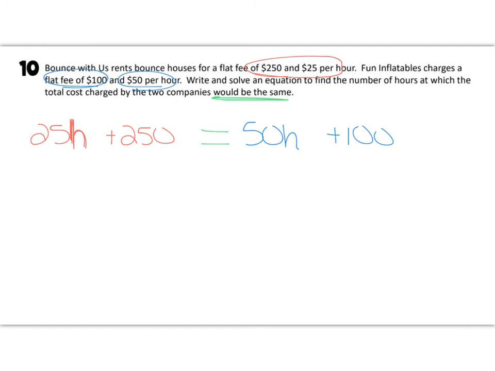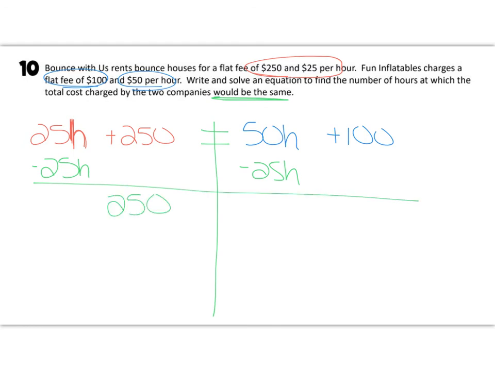So I have 25H and 50H. My smaller coefficient is 25. So I'm going to subtract 25H from both sides. Put that line through the equal sign if that would be helpful. And I end up with 250 equals 25H plus 100.